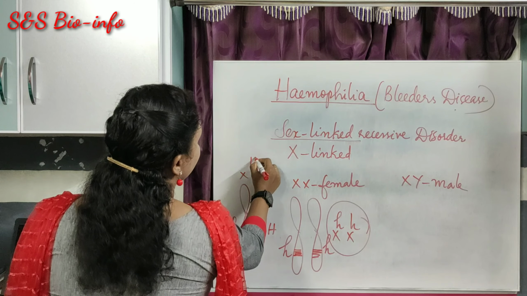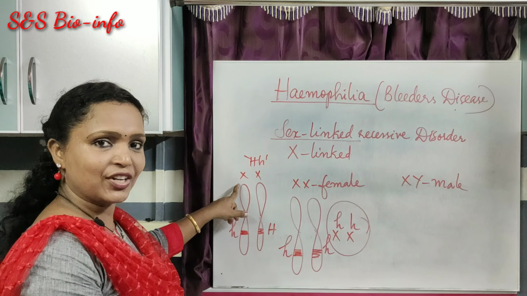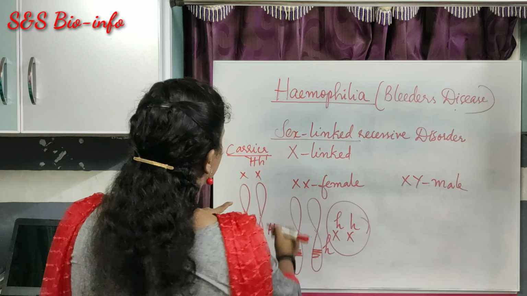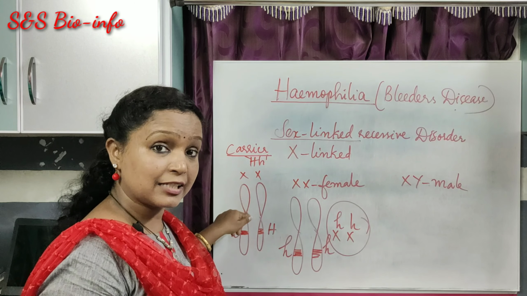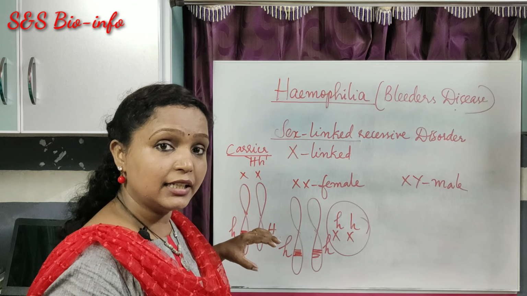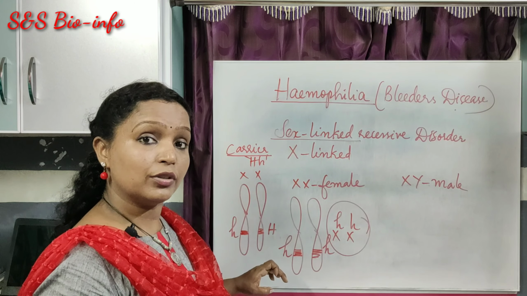This is the carrier condition, so this is a carrier female. That means the disease will not be expressed in the female, but she can contribute it to the next generation.